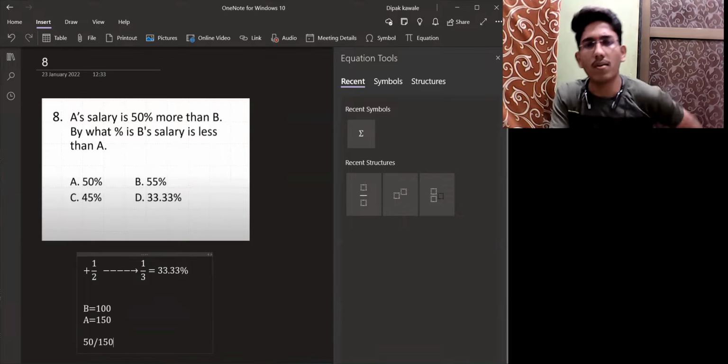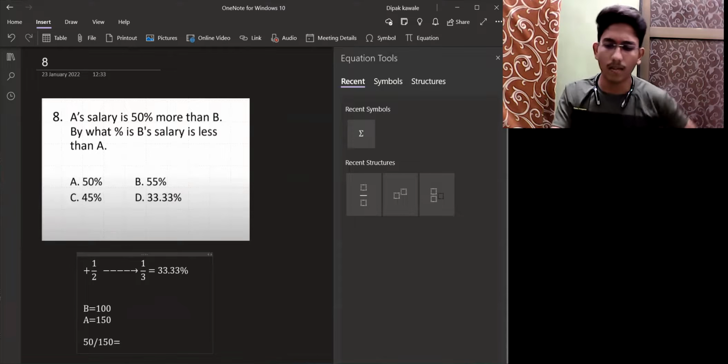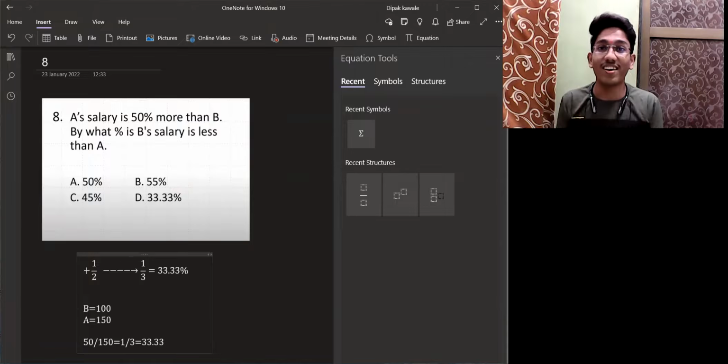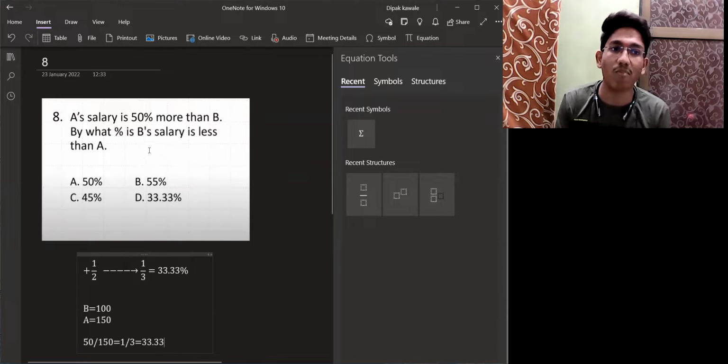So 50 divided by 150 is 1 by 3, and 1 by 3 in terms of percentage is nothing but 33.33%. Guys, we have discovered one new formula. Sorry, not a new formula, a trick by which we can solve this type of problem.